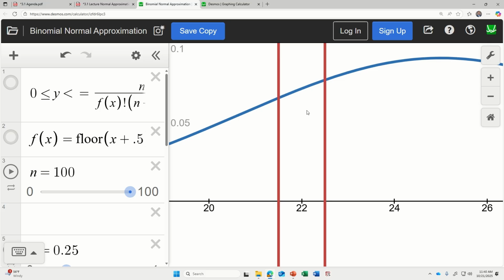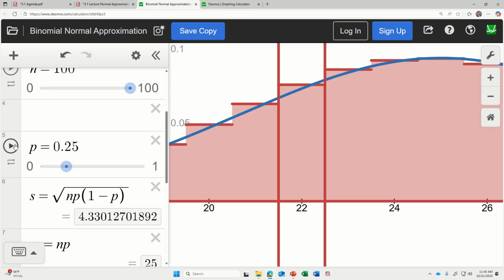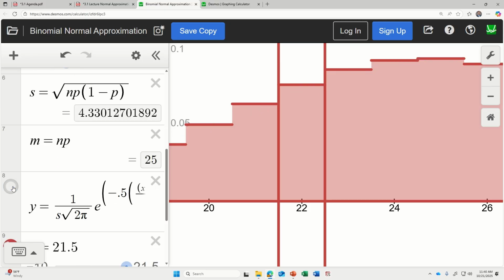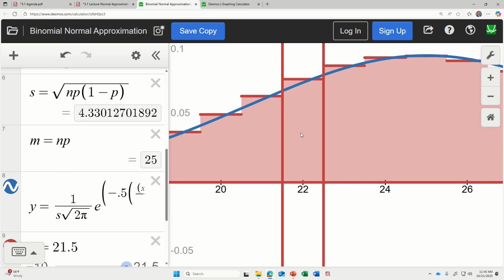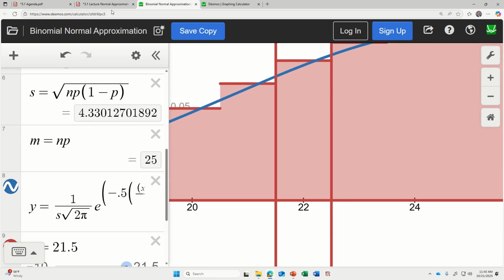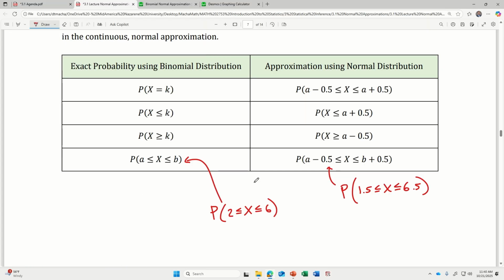And that area should be pretty close to the area I get from the binomial distribution. There's going to be a little bit of a difference because it's not exact. This is an approximation, but we hope it's close enough. And that's why we got to give a little bit of width to it. That's where this table comes from.